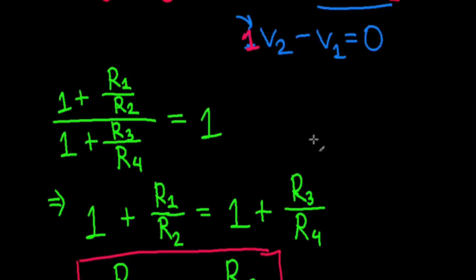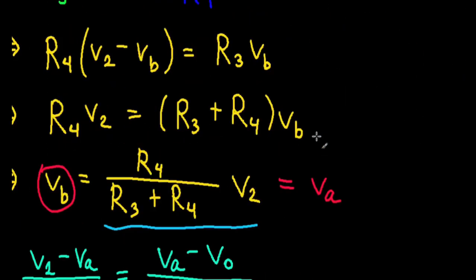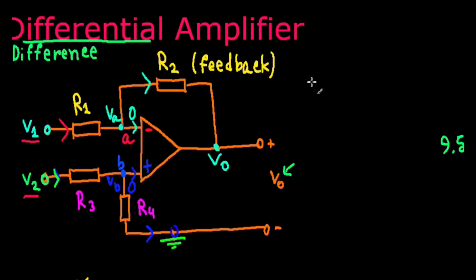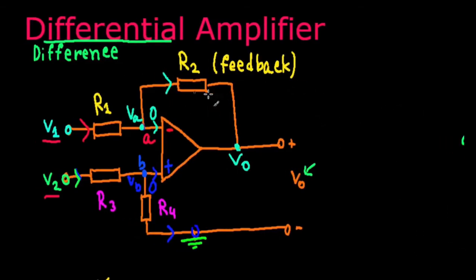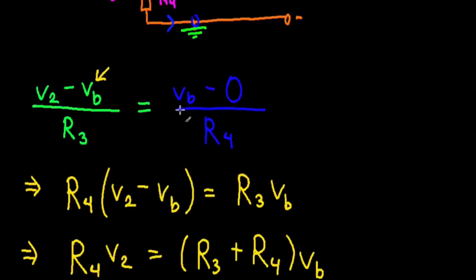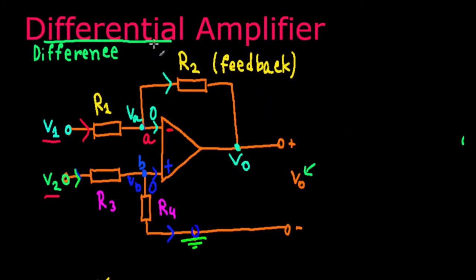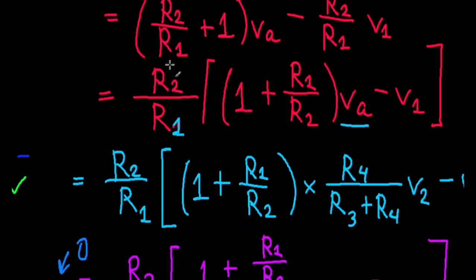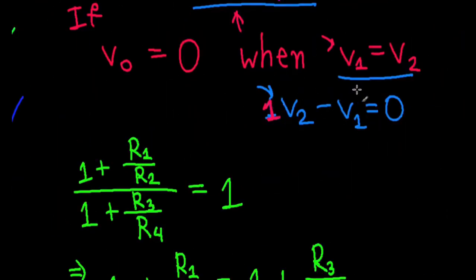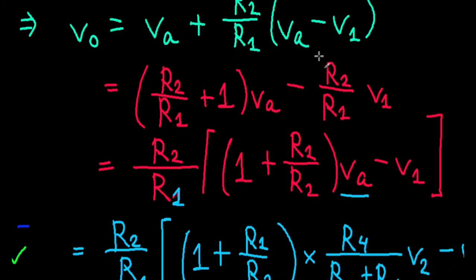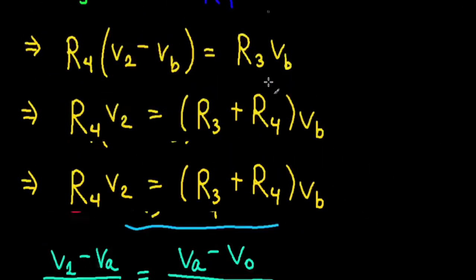All right. So with that done, I'd like to talk a bit more about this. There's some argument or controversy about the naming here. Some people would say that only when this is true, like this is necessary for this to be the difference or differential amplifier.